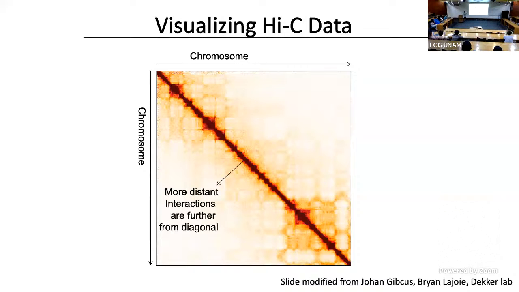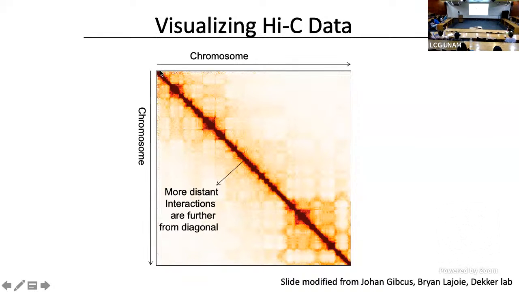Again, this is the most common way of displaying that type of data. The way it's displayed is that you have all of the restriction sites of a chromosome along the x-axis and all of the restriction sites along the same chromosome along the y-axis. And then each dot on the matrix is one read that you got from your sequencing.